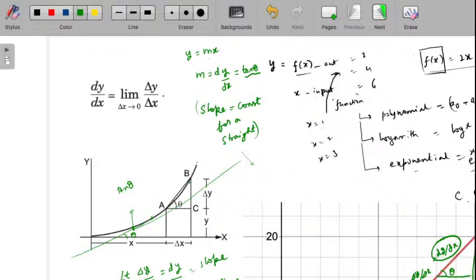Slope of a straight line at a tangent, slope of this straight line, right, which is a tangent at a given point.